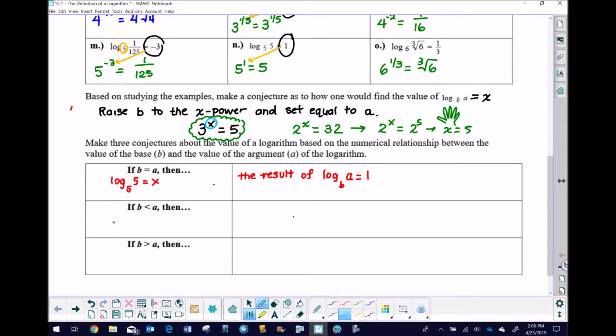So what if I've got the log base 2 of 5? Now what power do I raise 2 to get 5? Well, that's a tough question because nobody knows the answer to that. But can you tell me what it's a little bit bigger than?